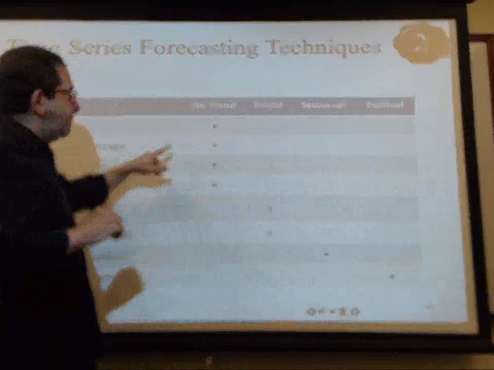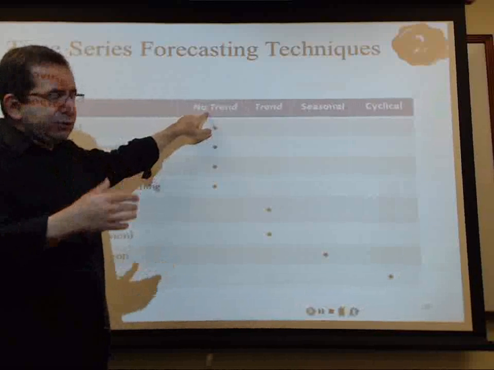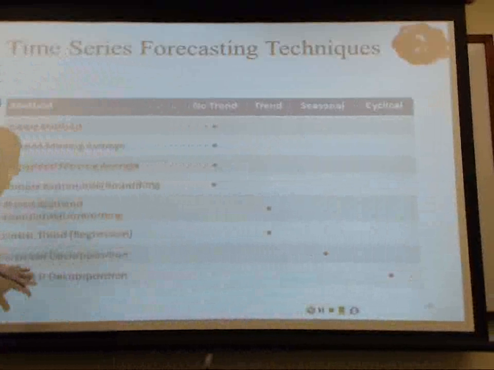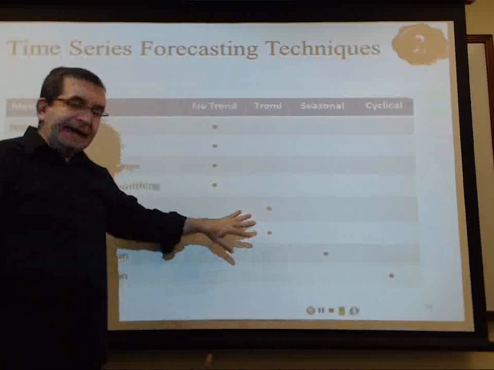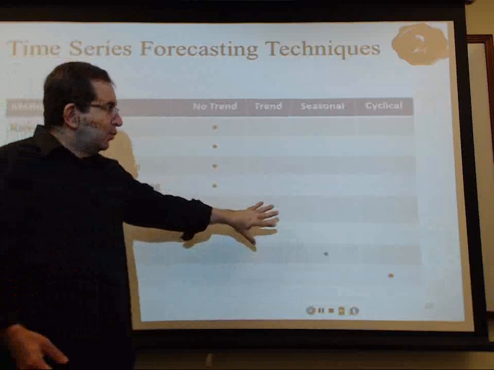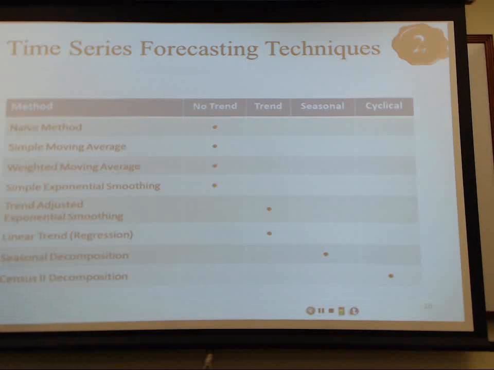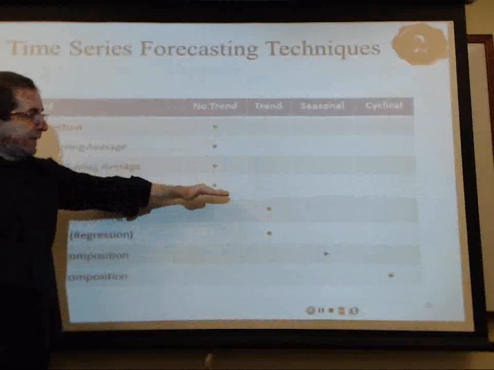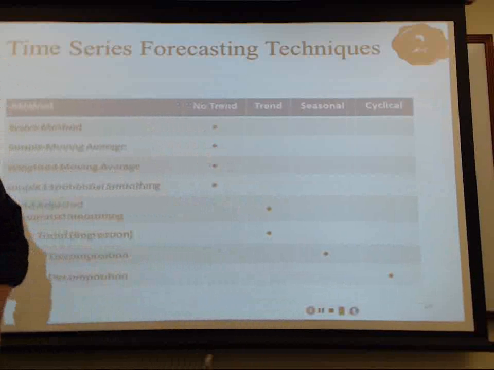So if you're using a method designed when there is no trend, you shouldn't use that method for seasonal data. So there are certain methods for when there is a trend, and those methods will not be sufficiently good when there is seasonality or cyclicality. So today, I would like to talk about methods developed for forecasting when there is no trend.